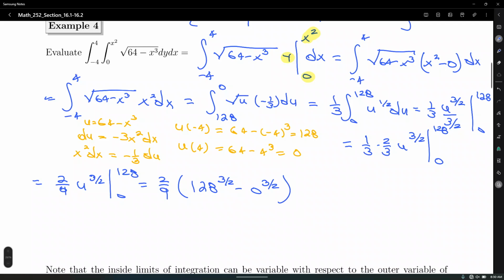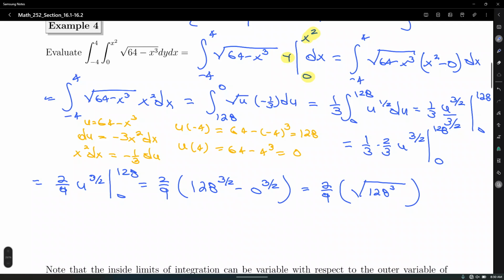You said no. Okay, so then we're going to express it like this: 2 over 9 times the square root of 128 cubed minus 0, which is just minus 0. Don't cube this number.